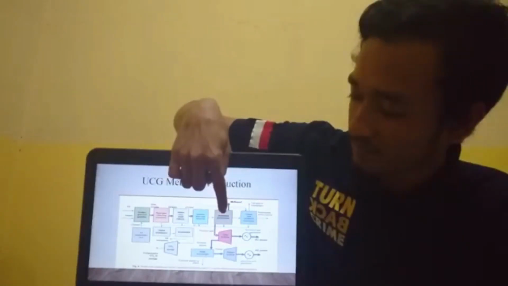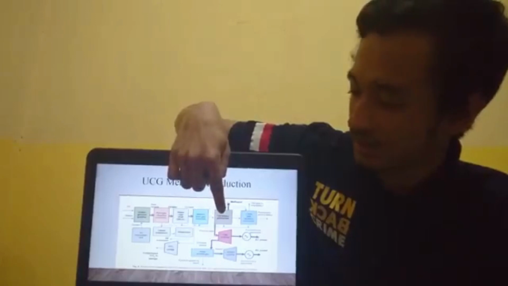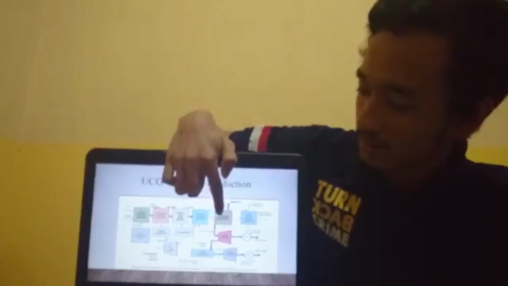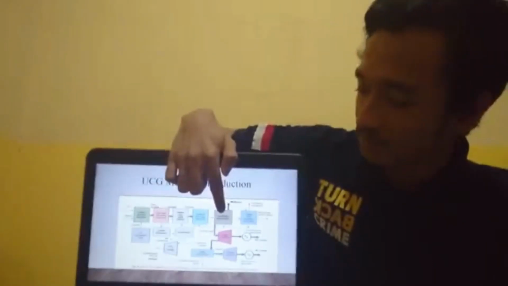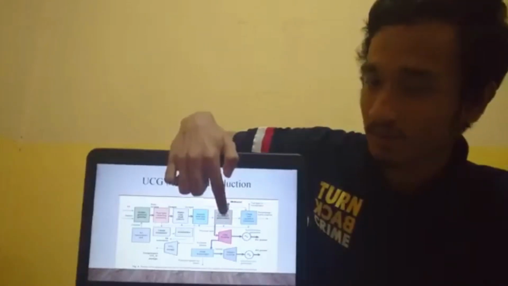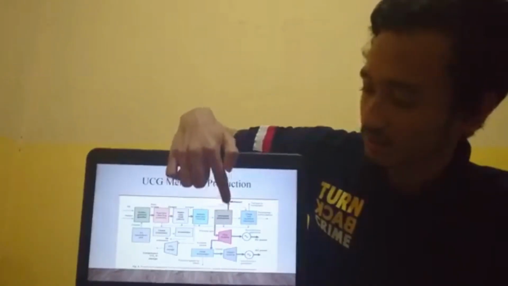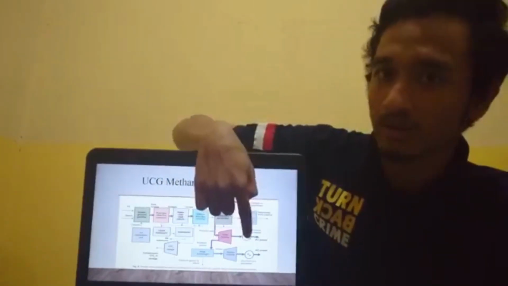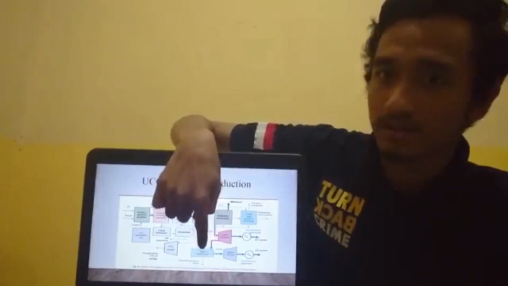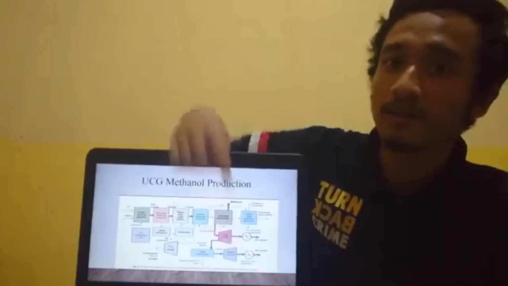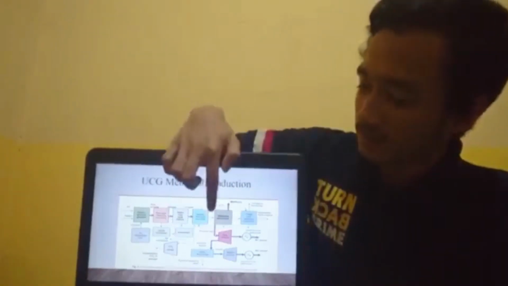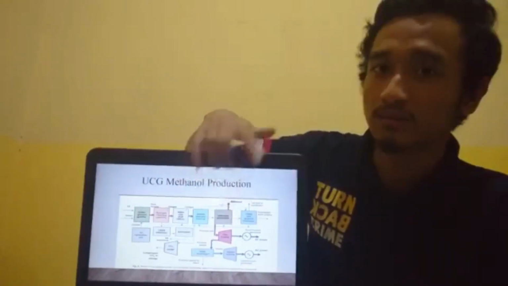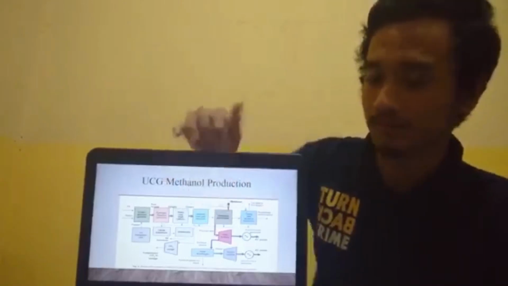The methanol reactor produces the methanol, and like before, the gas goes to the gas turbine to get electricity, then to the heat exchanger to get electricity again. It is the same, but after the acid removal they have the methanol reactor here.